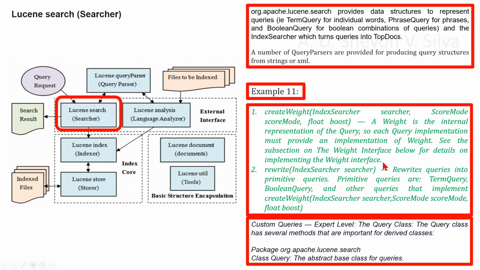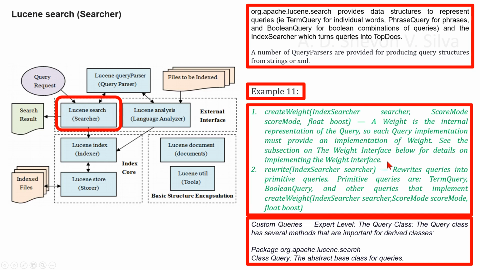In some sense, the query class is where it all begins. Without a query, there would be nothing to score. Furthermore, the query class is the catalyst for other scoring classes, as it is often responsible for creating them or coordinating the functionality between them. The query class has several methods that are important for derived classes.